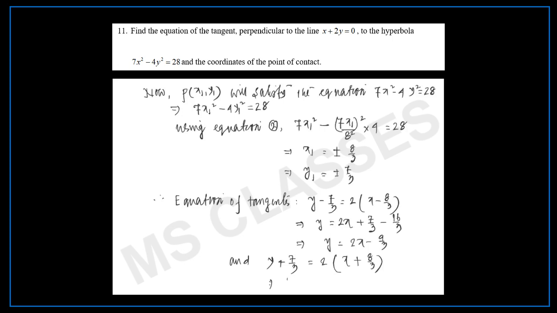So this will give us y equal to 2x plus 9 by 3. So these are the two equations which I get.